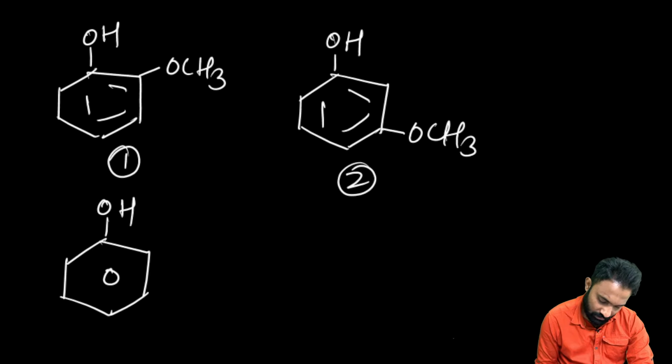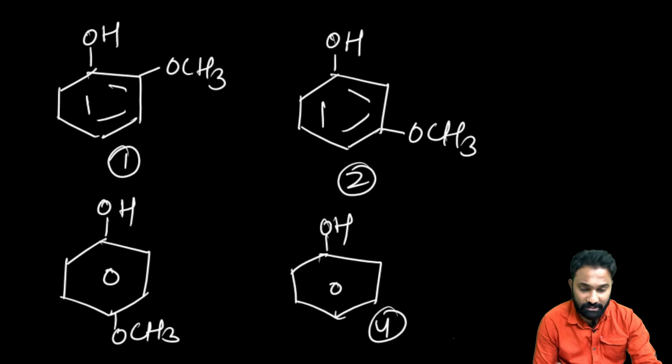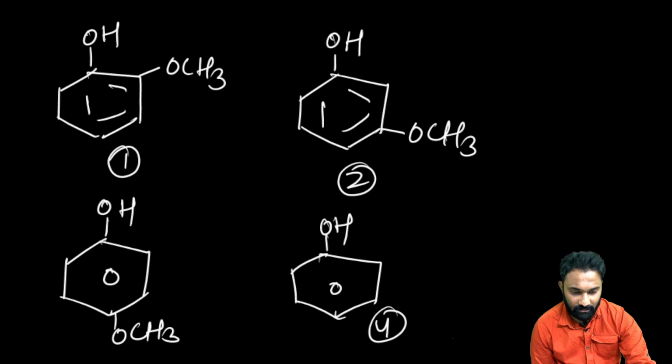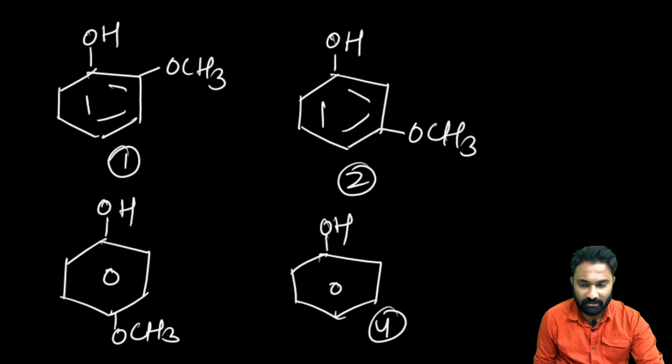This is OH with a para position methoxy, and the normal phenol. Among 1, 2, 3, 4, which is more acidic?